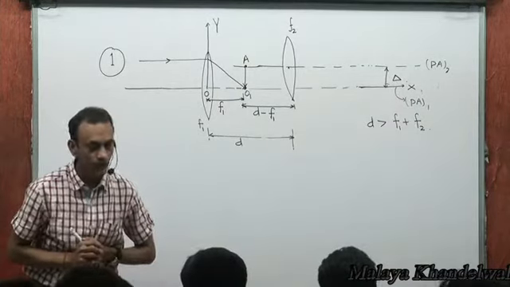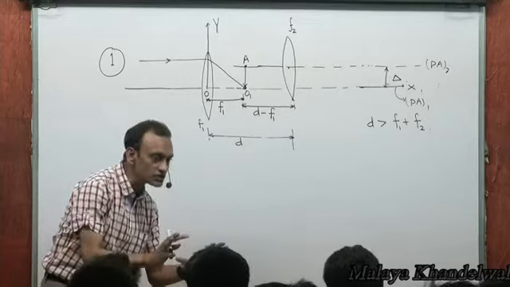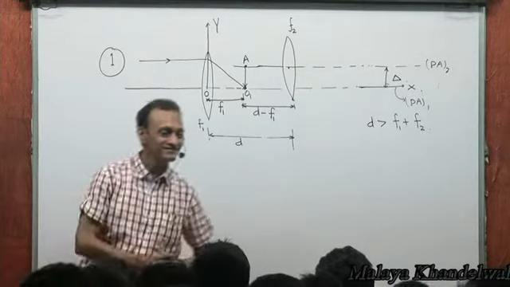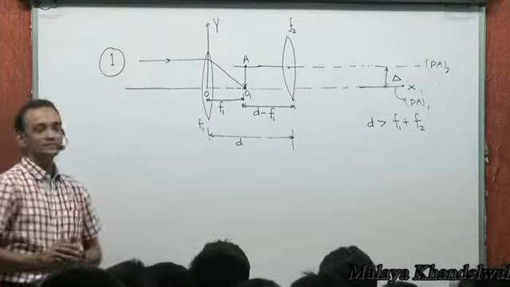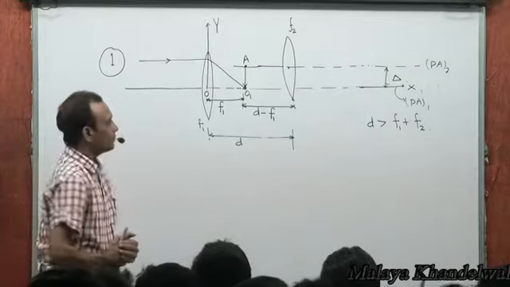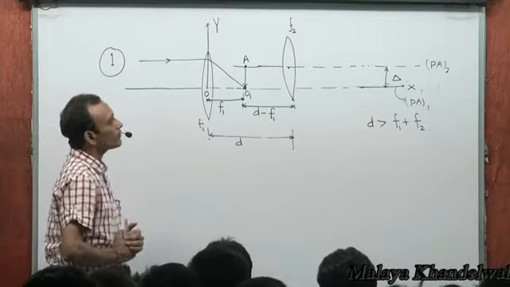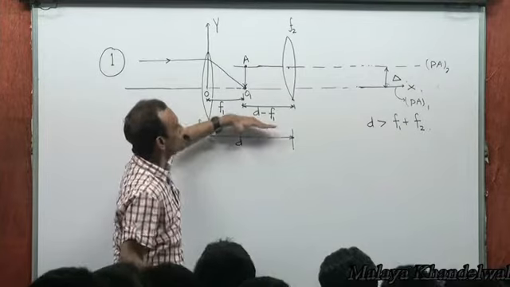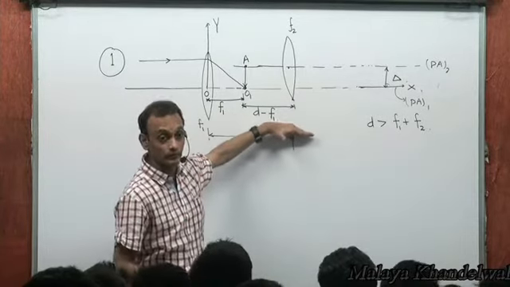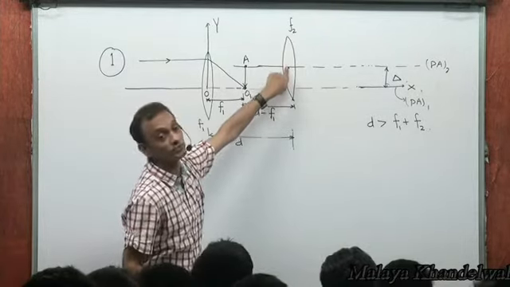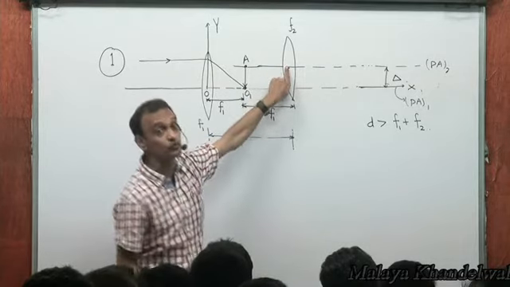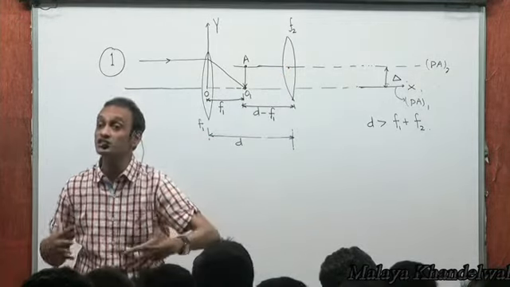Clear? Very refreshing to see you guys sitting in the front. Now, with this object distance, with u as d minus f1, and refraction occurring from this converging lens of focal length f2, let me find out the image distance v.